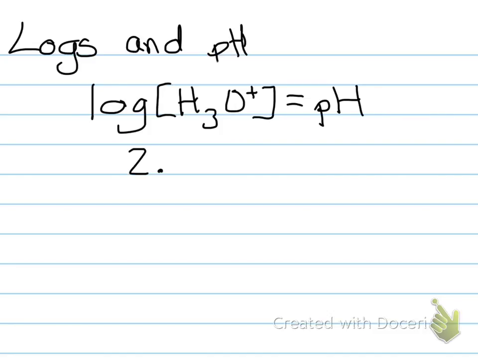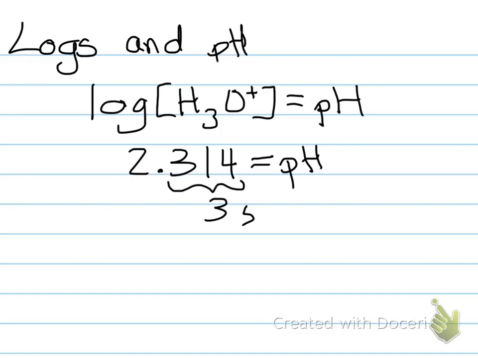So if we have a pH of 2.314, and that's our pH, this actually just has 3 significant figures. And the first number, that 2, is not counted as a significant figure. And that's because of the base 10 property of logs.